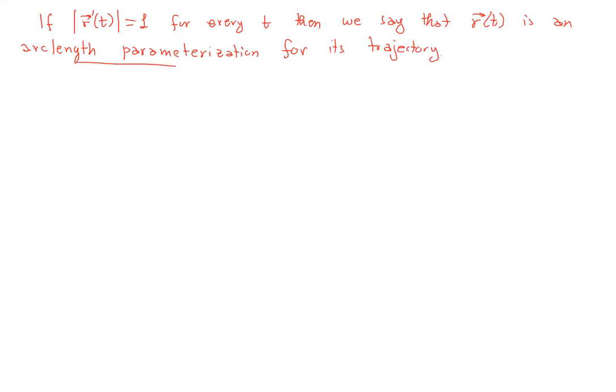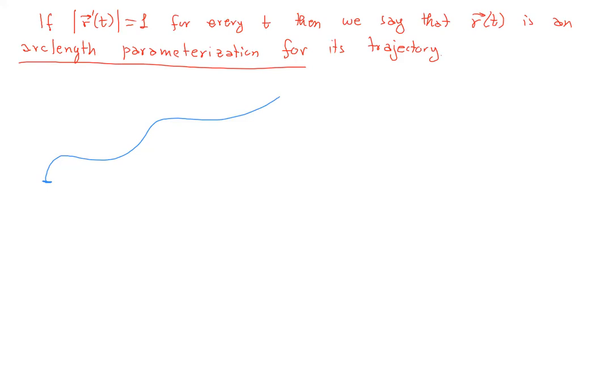So the question is this: if you give me your random curve, is there an arc length parameterization? And the answer is basically yes. I mean, say that you start at this point and you have a parameterization.